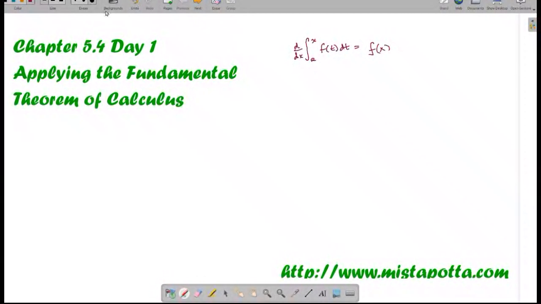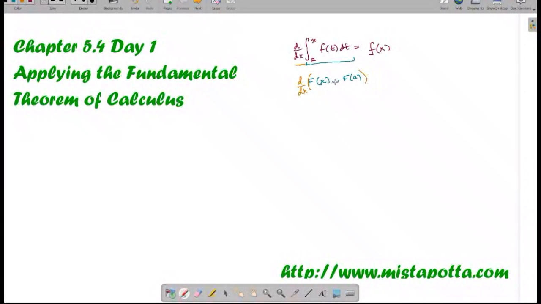The idea is that when I'm looking at this integral here, this integral could be thought of as some antiderivative evaluated at my top limit minus the antiderivative evaluated at my bottom limit, which I am then taking the derivative of this expression.